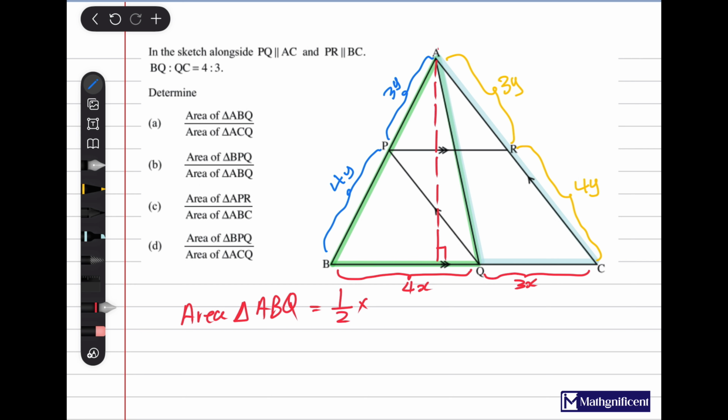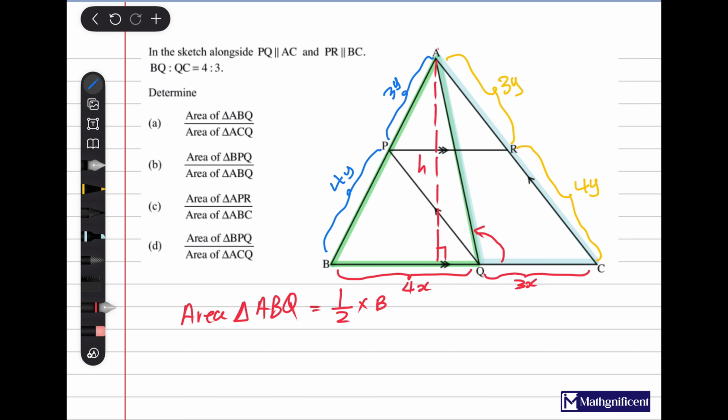Remember that when we are constructing a height for an obtuse triangle, we always construct it externally. So according to ABQ, what is the base?